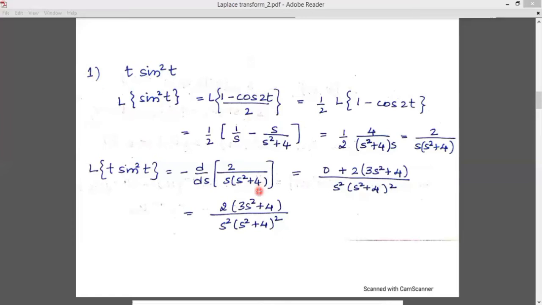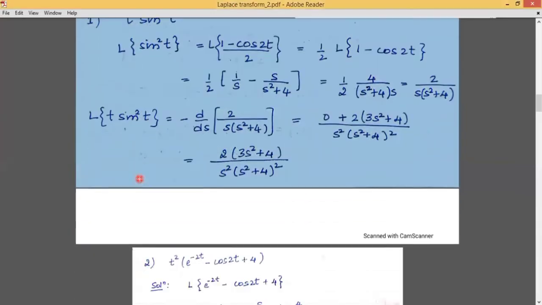When you expand this, you get s cube plus 4s. So s cube's derivative is 3s square and 4s derivative is 4. And this minus I have multiplied here, so that has become plus, divided by v square. That is u dash v minus uv dash divided by v square. So it is s square plus 4 whole square. So this is the Laplace transform of t into sine square t.